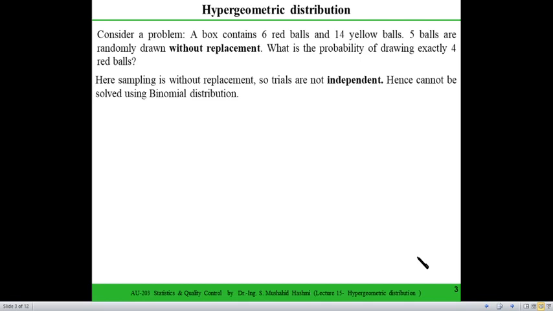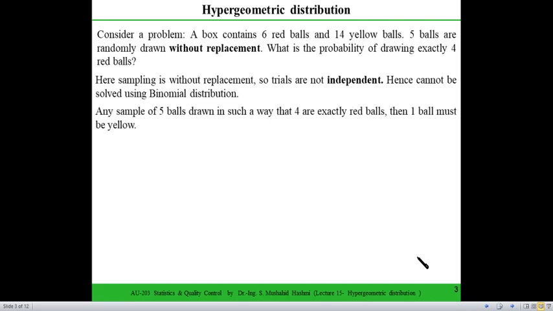It means your random variable x is the number of red balls, and we want x equal to 4. If you think of that variable as a binomial random variable, then obviously it is not satisfying the condition. It satisfies all other conditions, but the condition of independent trials is not satisfied. So we cannot use binomial distribution to calculate this probability.